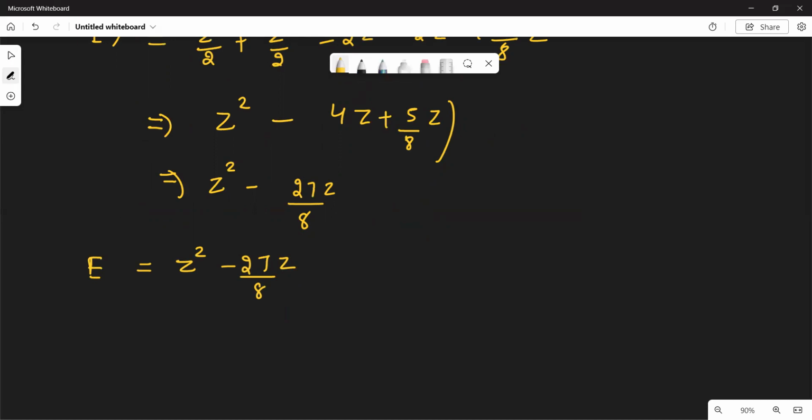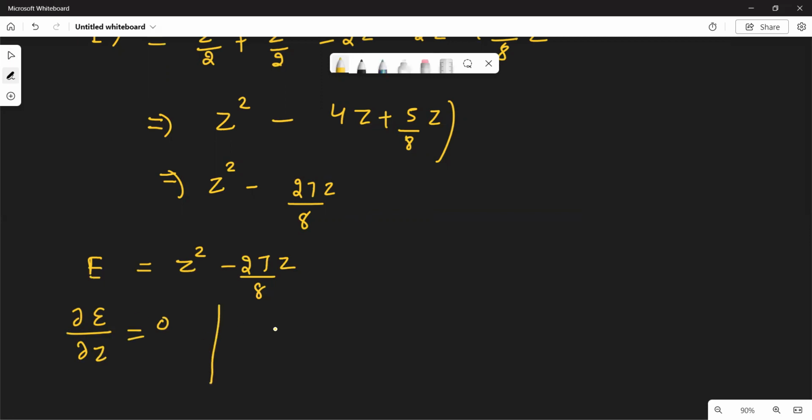So in order to get the ground state energy for the helium, we should know the value of z. So how will we get the value of z? We will differentiate the energy with respect to z, and then we will put it equal to 0 in order to minimize the energy.